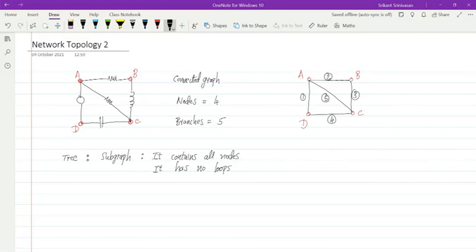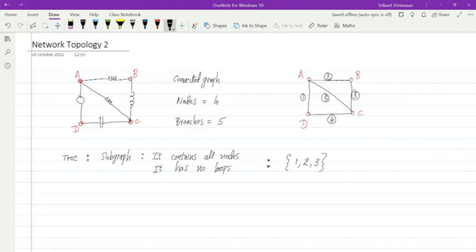1, 2, 3. Yeah, okay. ABCD. Let's take 1, 2, 3. So it's the set of 1, 2, 3. Many trees are possible, right?